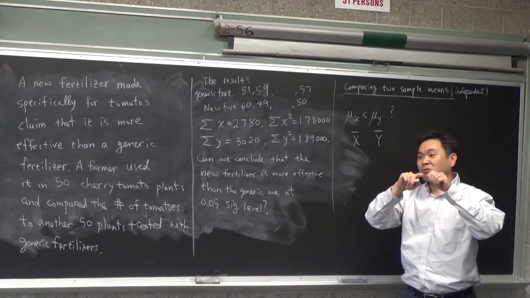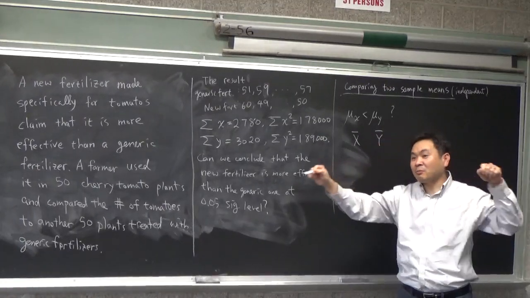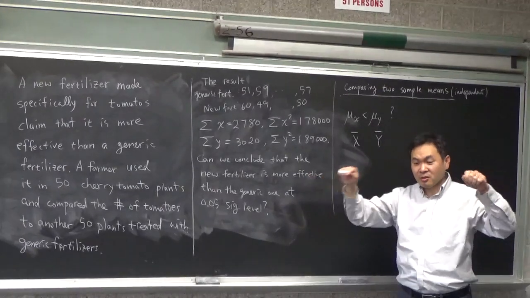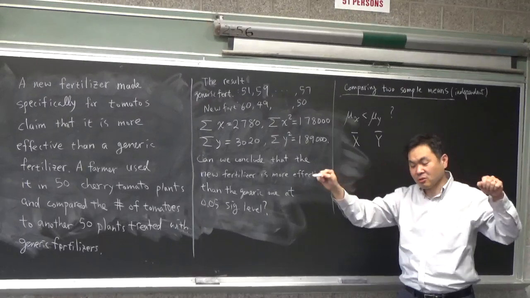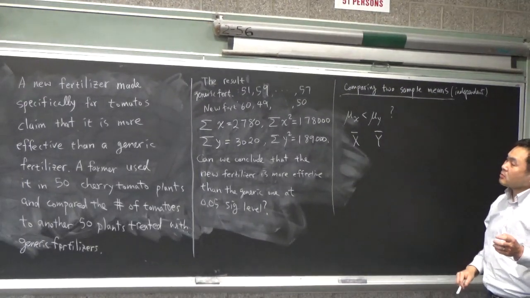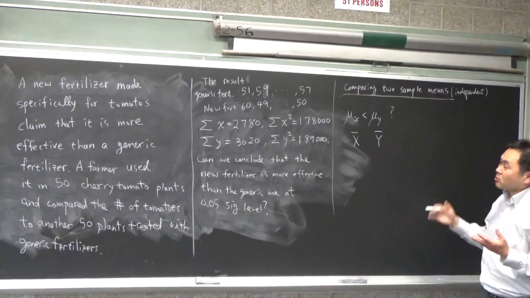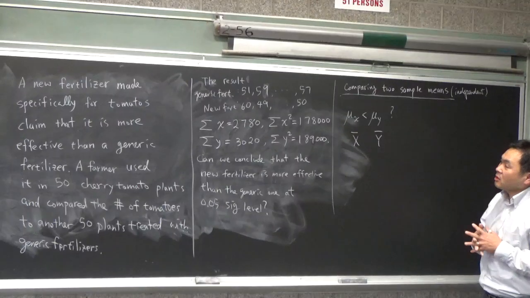Instead, you have to use a distribution that's slightly more spread out. Spread out means there's more uncertainty, okay? So you have to use that in order to get a better conclusion.